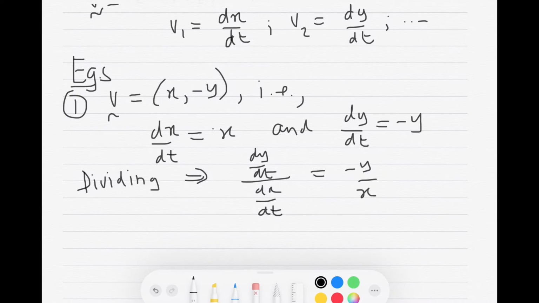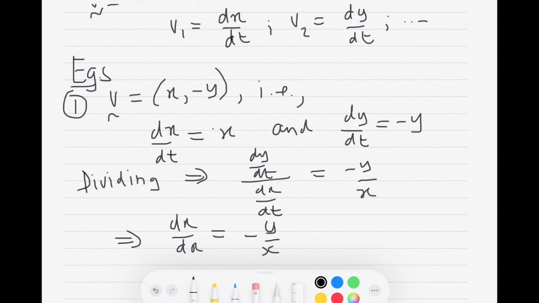By the chain rule, what we have is that dy dx equals a very simple first order differential equation, minus y over x, which can be solved by variables separable.